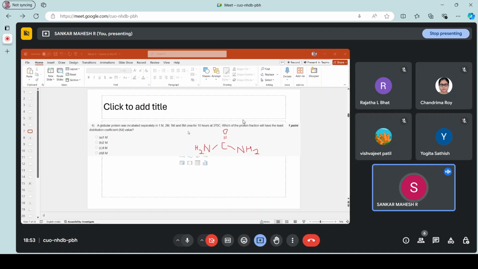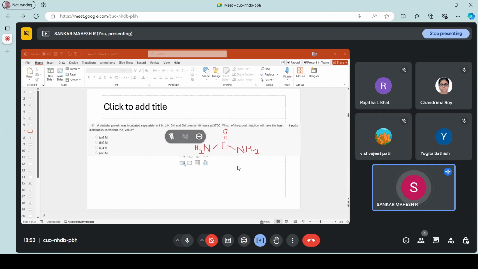Now, if that's the case, can anyone tell me what is the order of urea concentrations compared with the foldedness of the protein? At which concentration will protein be majorly folded among the four concentrations given here? I'll repeat.